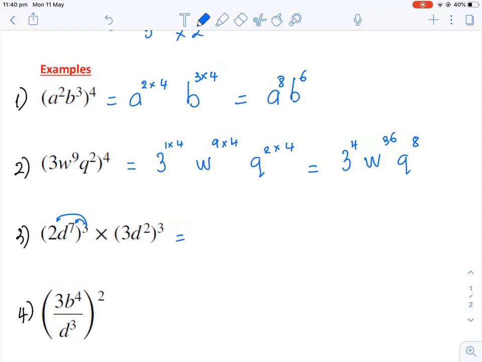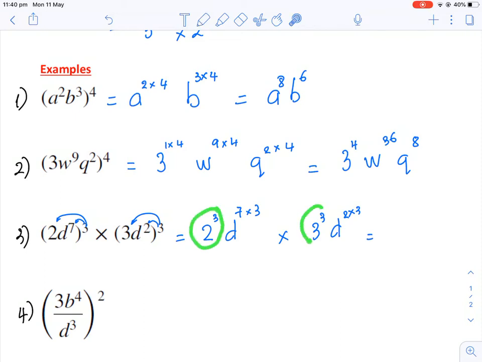So it's equal to keep D to the power 7 times 3. And then this number times with here 3 cube and D square times 2 times 3.